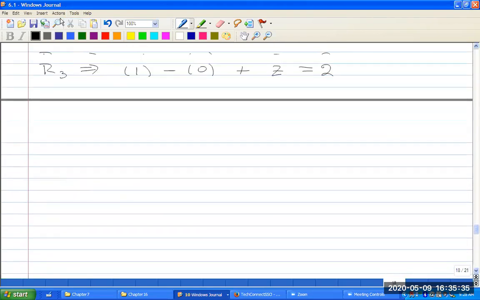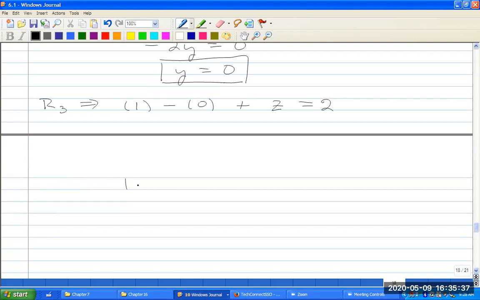And so I have 1 plus z is equal to 2. Subtract 1 from both sides of my equation. So I get z is equal to 1. So again, this is a consistent independent system of linear equations. I have 3 planes that intersect at a single point.